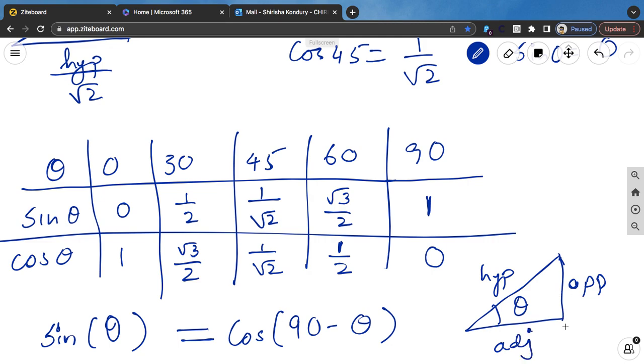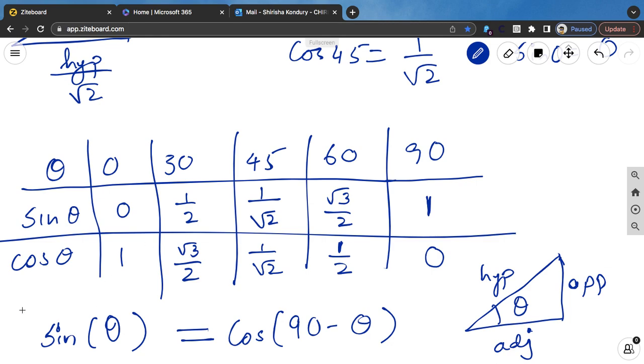Actually, yes, because opposite and adjacent are related to each other because hypotenuse, if it doesn't change, that doesn't change. If angle is increasing, opposite side is increasing, adjacent is decreasing. If angle is decreasing, adjacent side is increasing, opposite is decreasing. So sine and cosine will be changing in proportion, not directly proportional, not inversely proportional, but in some kind of a proportion.